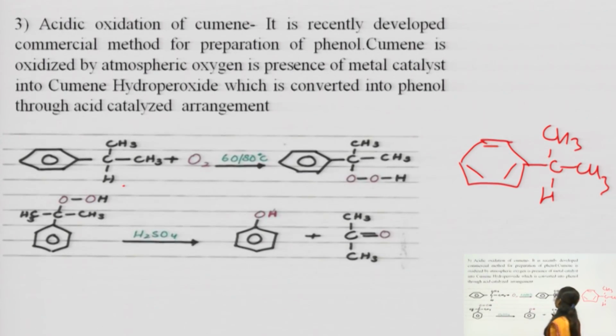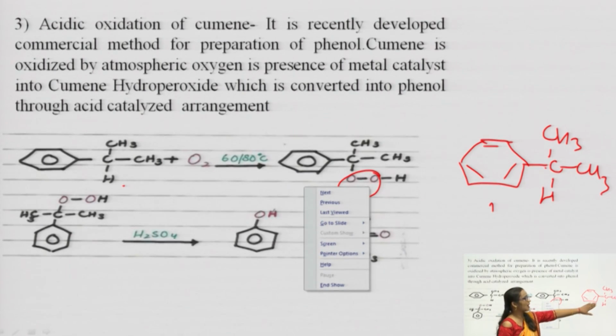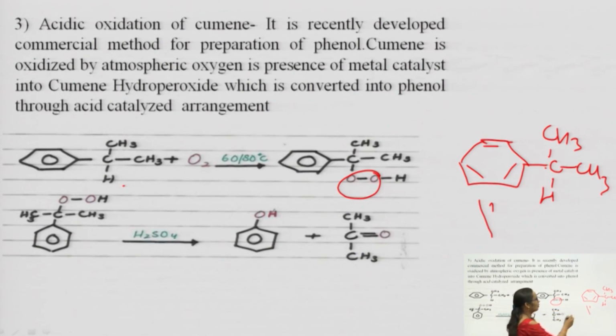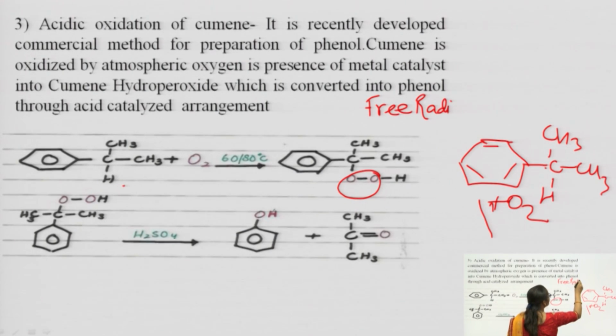What is it? Hydroperoxide, this one. See here, carbon is directly attached to hydrogen, but when it is treated with O2, the reaction goes by the mechanism called free radical mechanism.